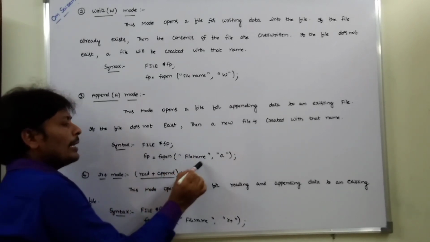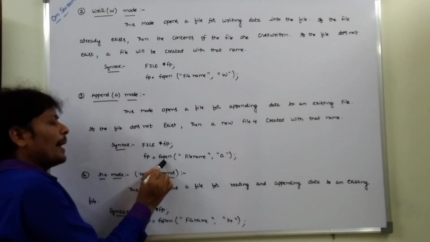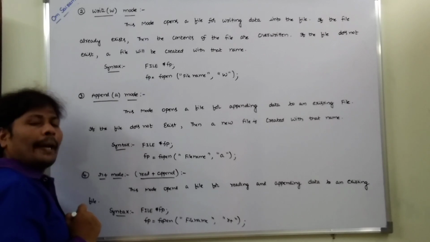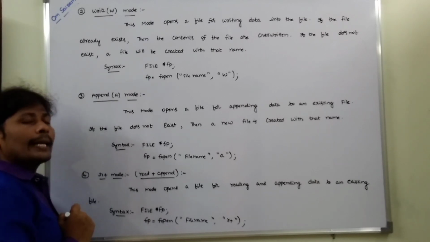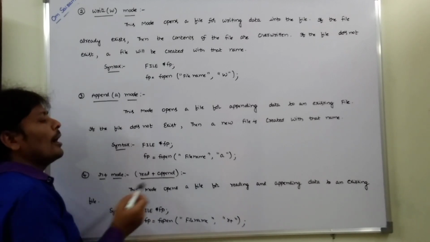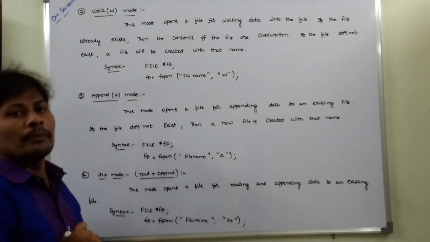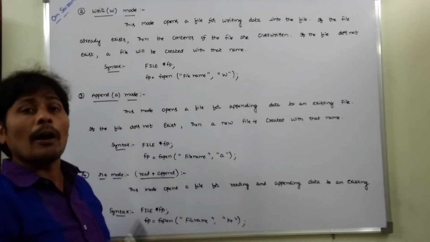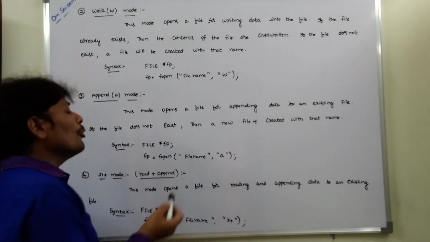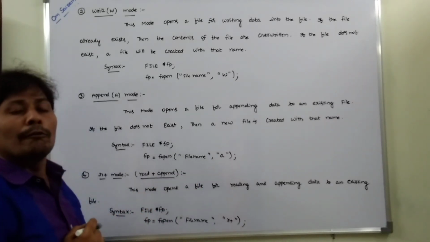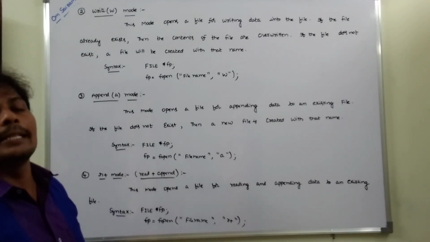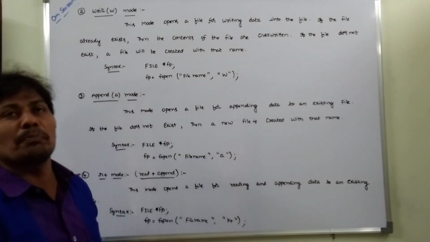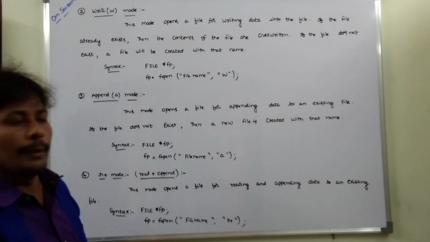When the file is opened in append mode, we are adding some information or data to the existing file. If the file does not exist, then a new file is created with that name, and whatever information we add is stored in this file. For that purpose, we use append mode.